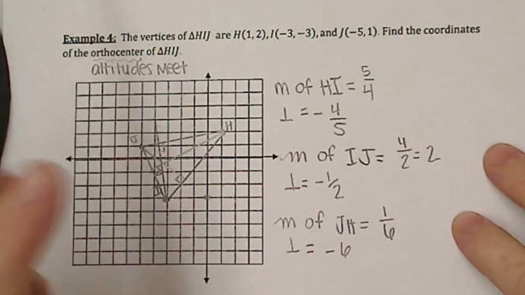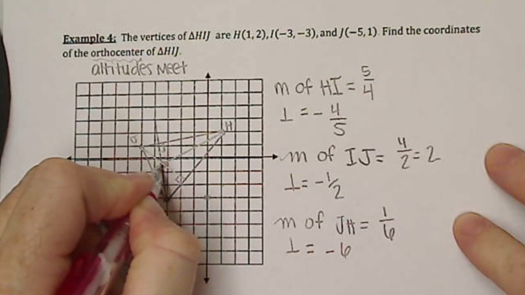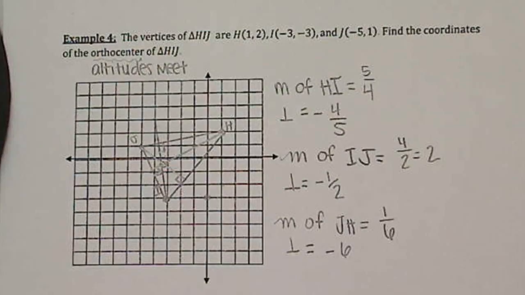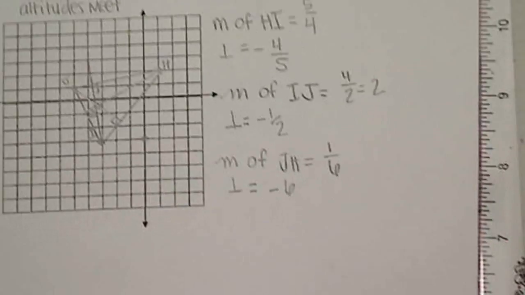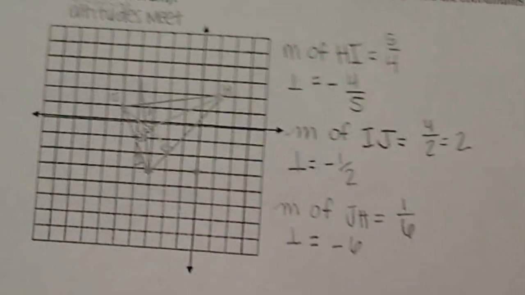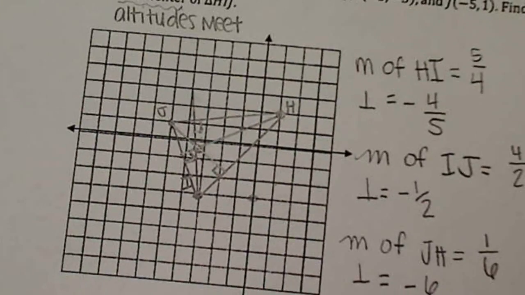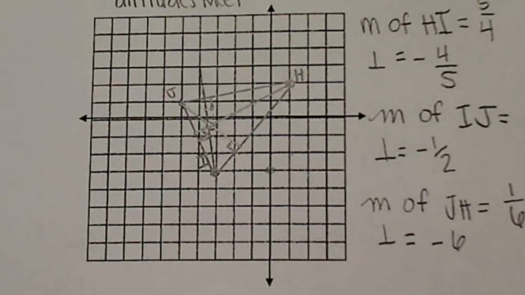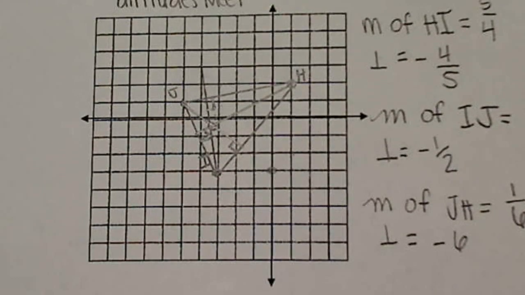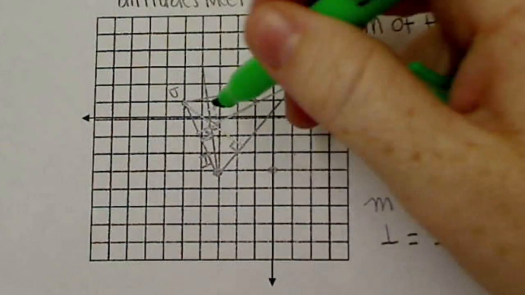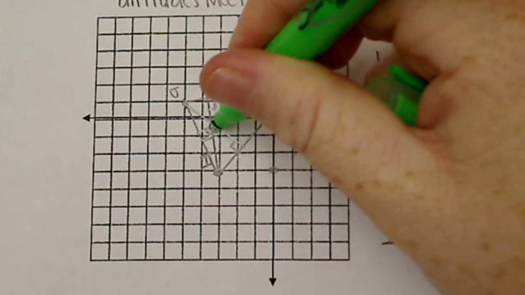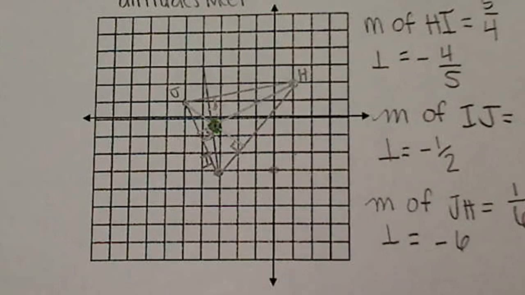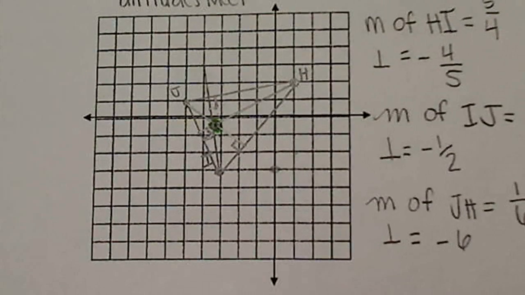Okay, now you should see they all meet right here in the middle of this square. I'm going to zoom the camera down so you can see that. There you go. They all meet right here. I need to know what point that is.